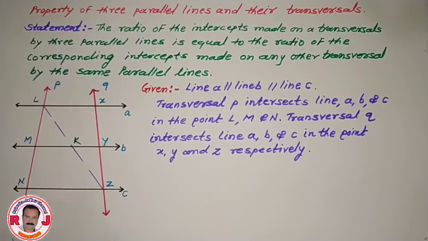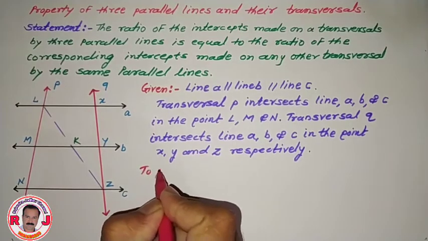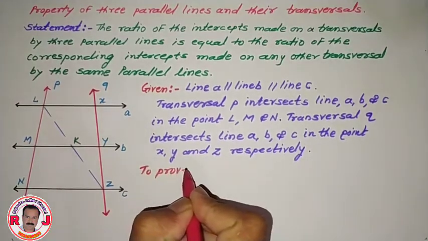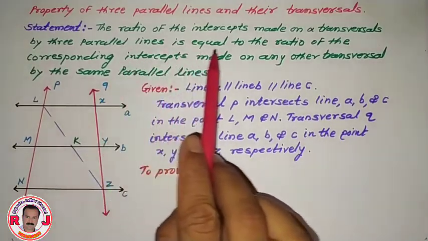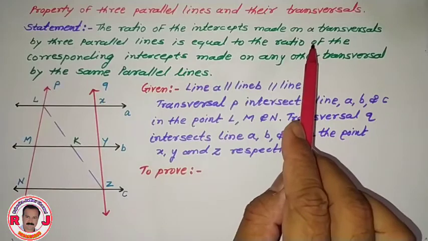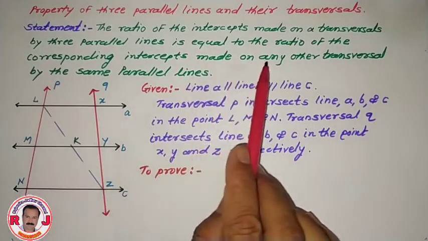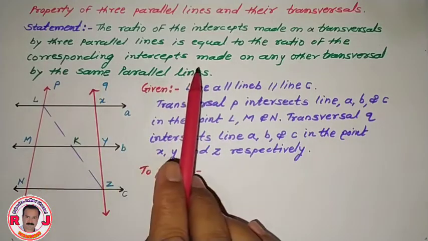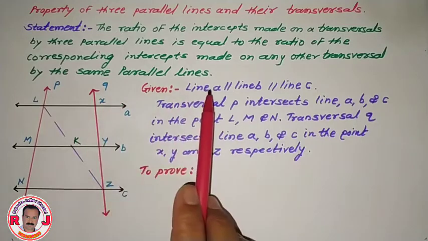Write down here the to prove. In the statement, the ratio of intercepts made on a transversal by three parallel lines is equal to the ratio of corresponding intercepts made on any transversal by the same parallel lines.